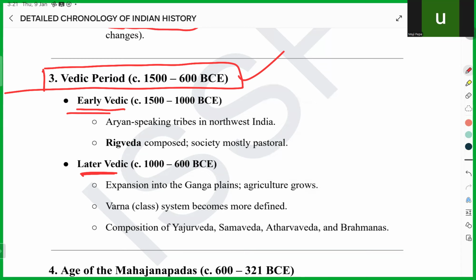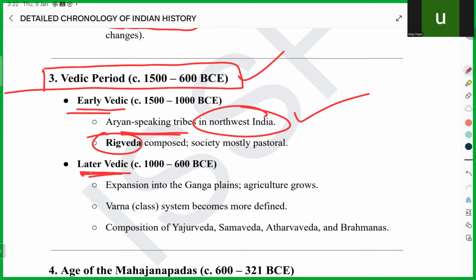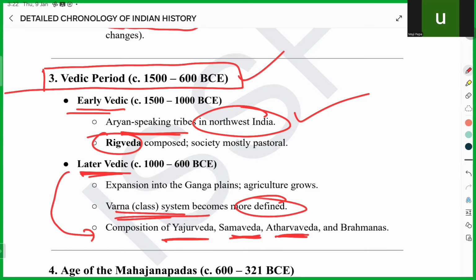Aryan speaking tribes in northwest India ushered in the early Vedic era, and the Rig Veda was composed. Then in the later Vedic period, the Yajur Veda, Sama Veda, and Atharva Veda were composed, and the Varna Vyavastha became more defined.